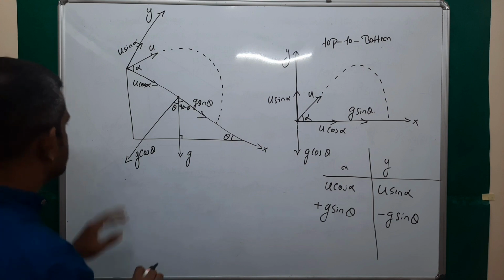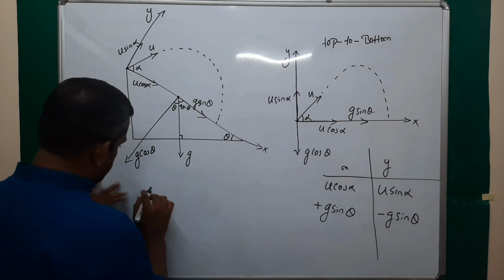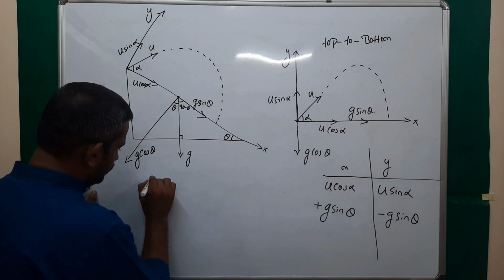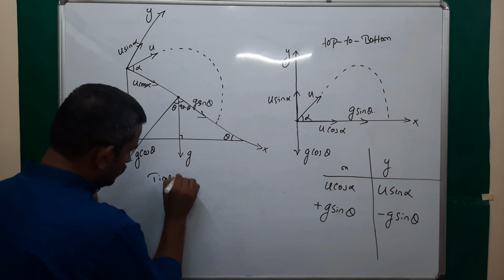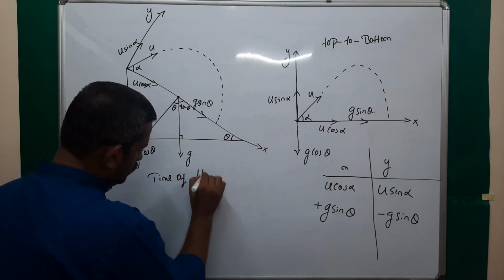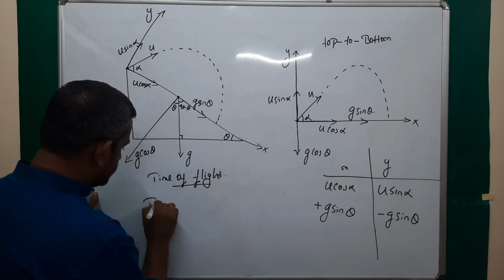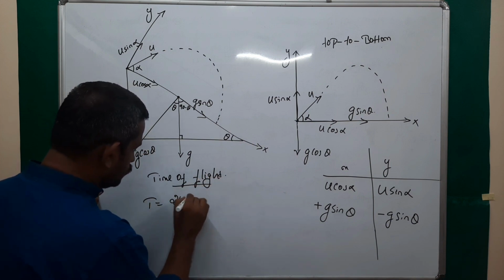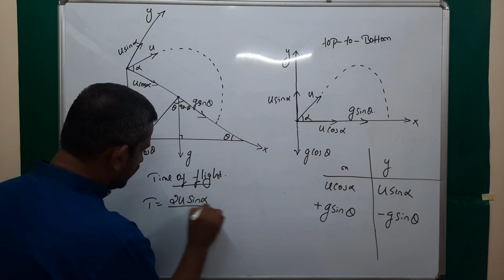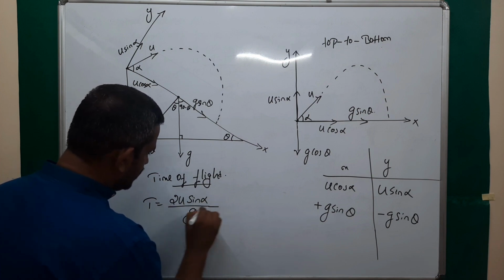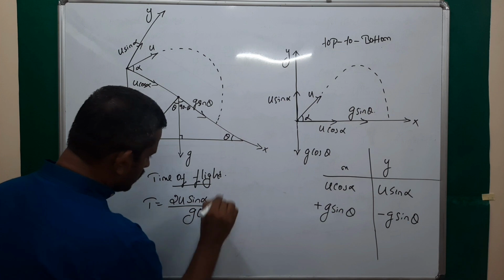Time of flight, t is equal to 2u sin alpha divided by g cos theta.